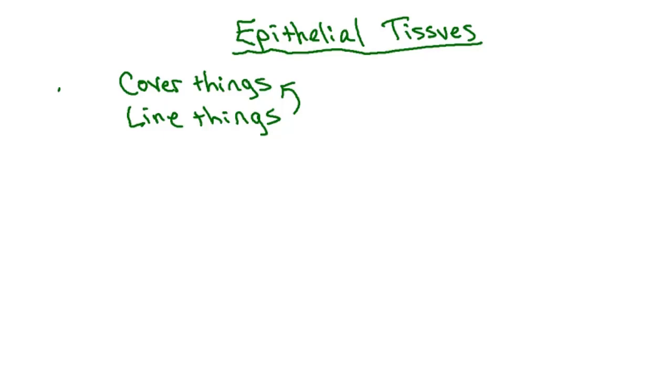So if I said this lined your lungs, here would be a lung, and the lining would be on the inside. I like to think of this as wallpaper. So the epithelial tissues are like the wallpaper. They line things, but they also cover things and they create a membrane.